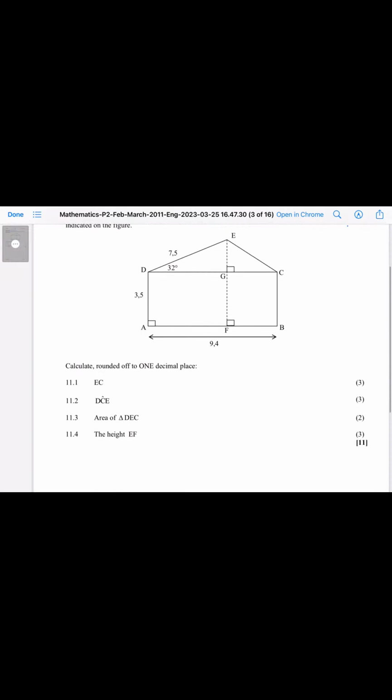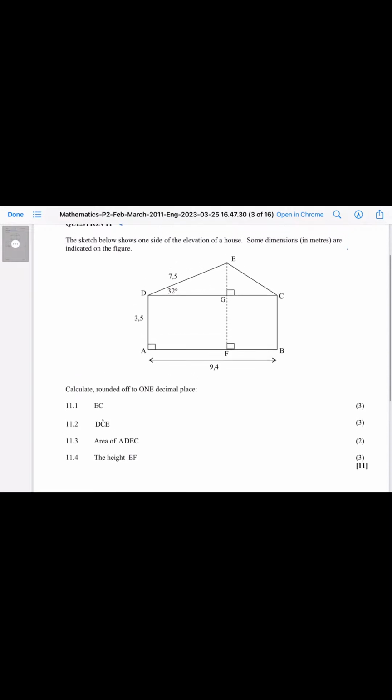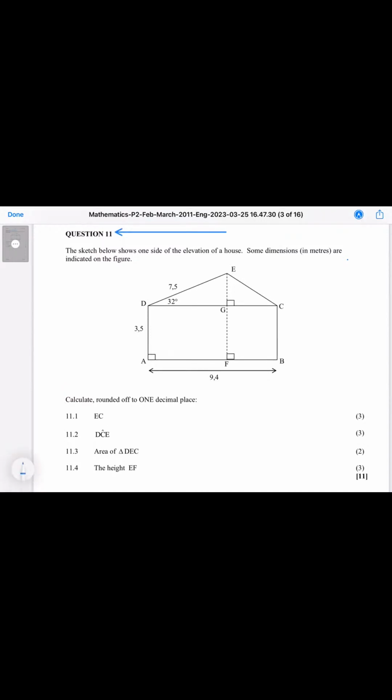Most importantly, I'm not going to be doing any calculations. It's just a matter of me guiding you in terms of how you answer this type of question. So let me quickly read through the statement, and from there we will see the questions.